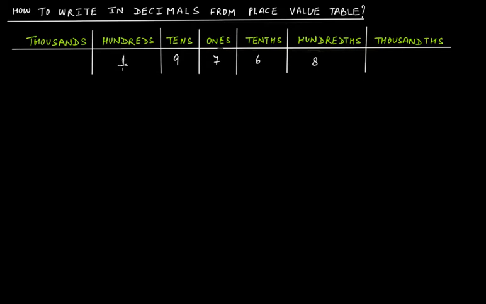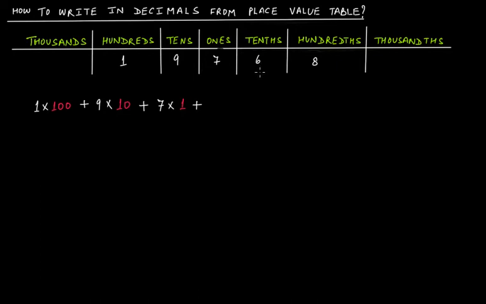It means we have 1 hundred, so 1 times the multiplication factor, which is 100, plus we have 9 tens. So 9 times 10, the multiplication factor at the tens place, plus we have 7 ones, that means 7 times 1, then plus, now we have 6 tenths.